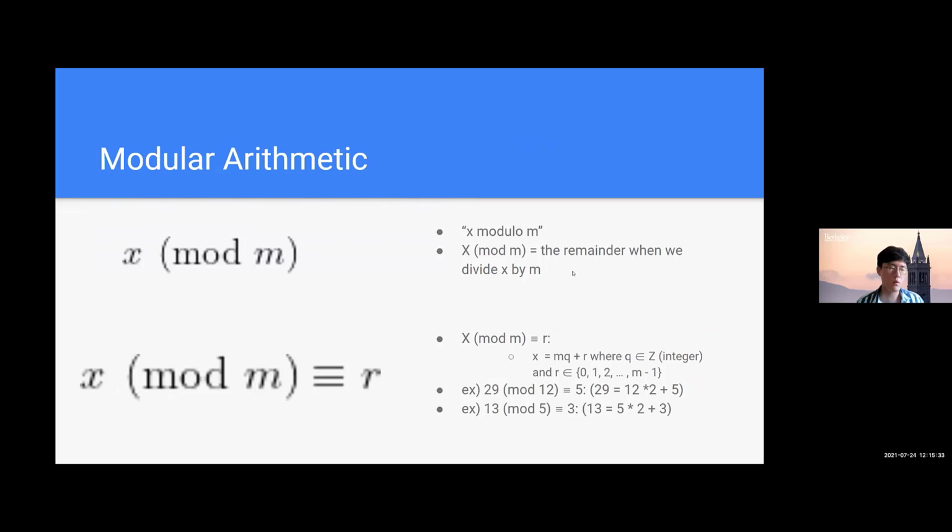We often use the symbol x (mod m), and we read this expression as x modulo m. This is equivalent to the value of the remainder when you divide x by m.